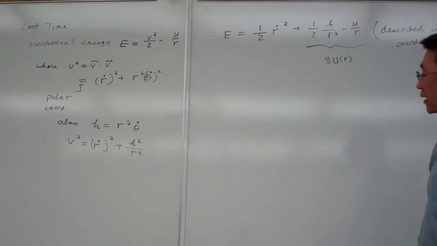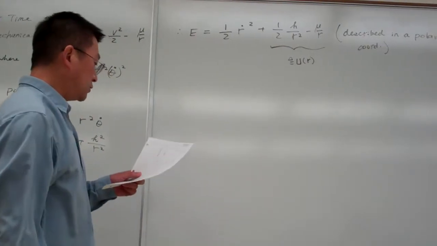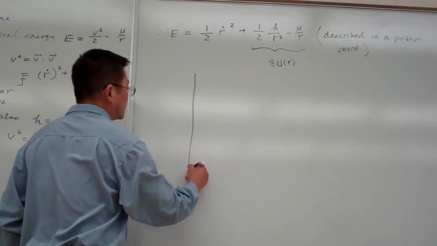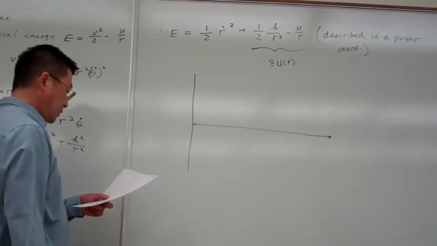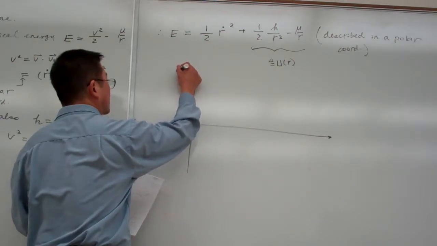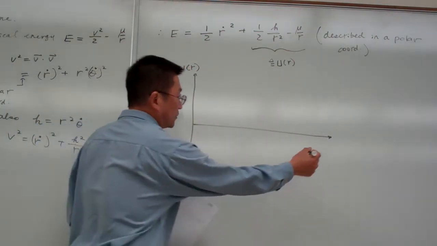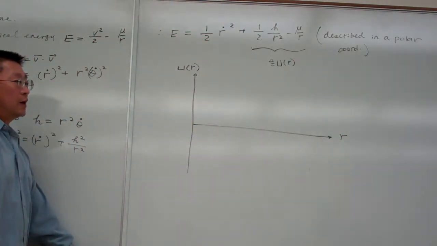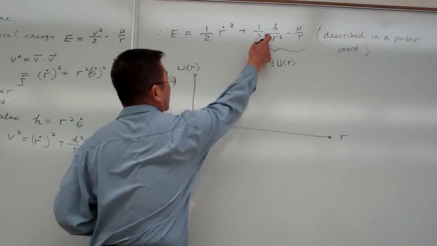So now we look at the curve, and from here you can see the potential energy is composed of two terms. So here I want to look at the potential energy, and let me take r, the radius from the major focus. Let me do the curve for the first one.